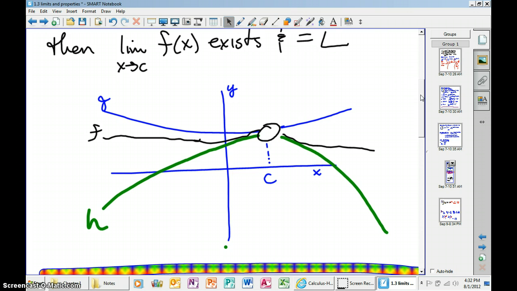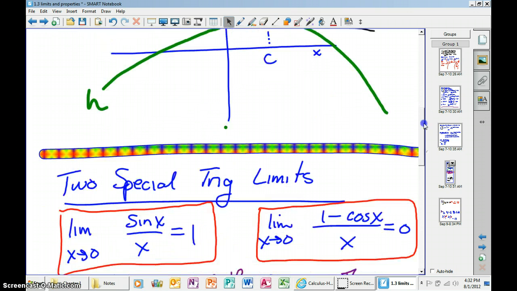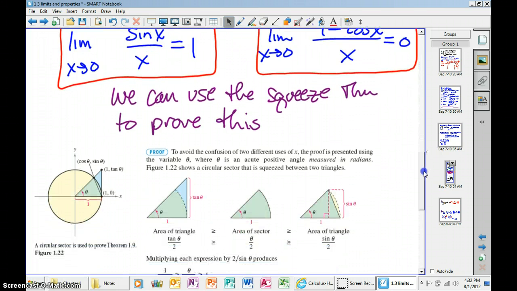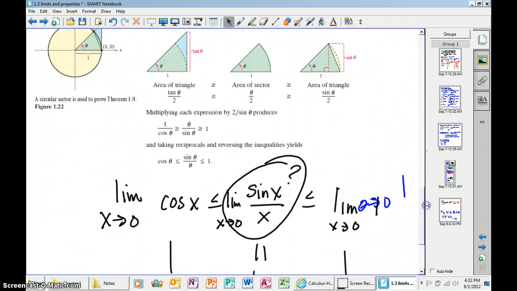Yes, it works, folks. Here are two special trig limits. The squeeze theorem is used to prove these, but here are two that you need to know. Here is the proof underneath.